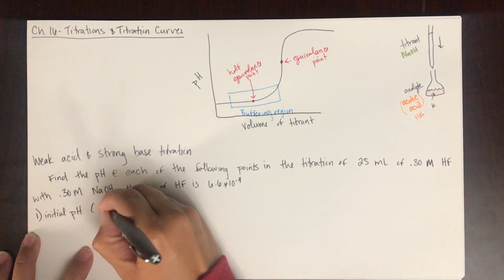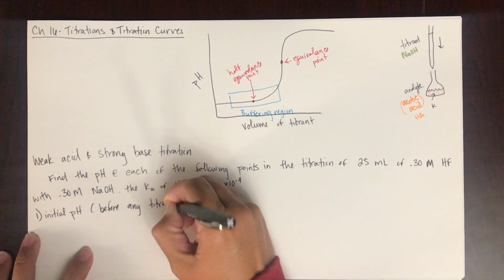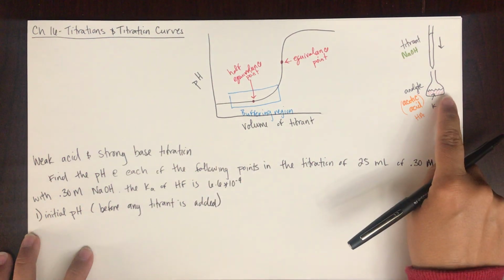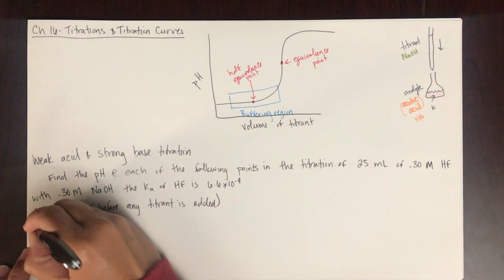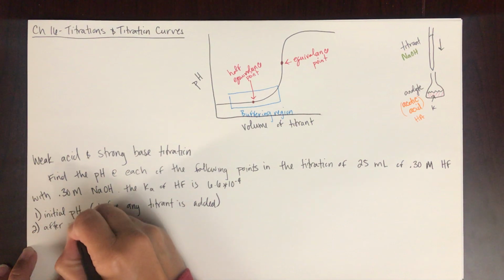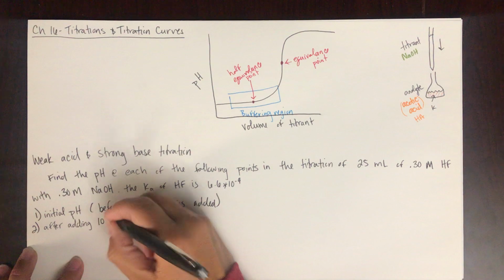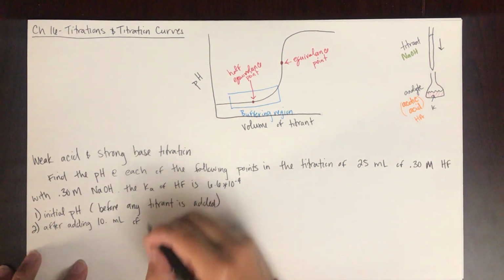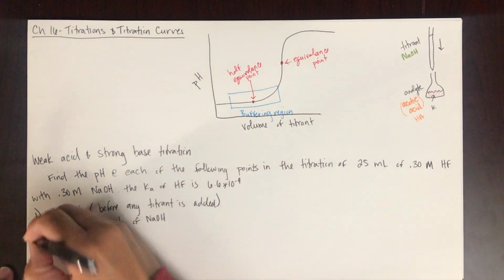So this is before any titrant is added. So we're solving for the pH inside this flask. The next point is going to be after adding 10 milliliters of titrant, sodium hydroxide.